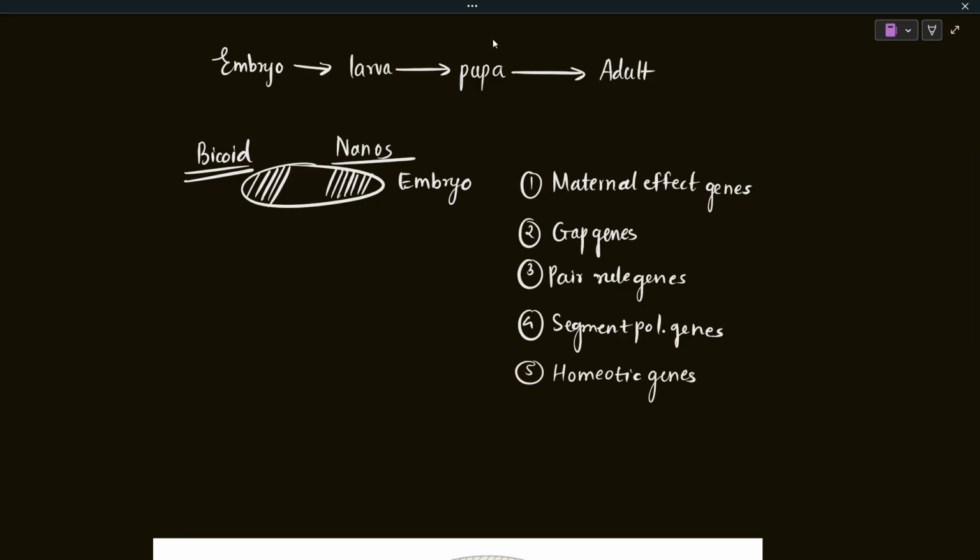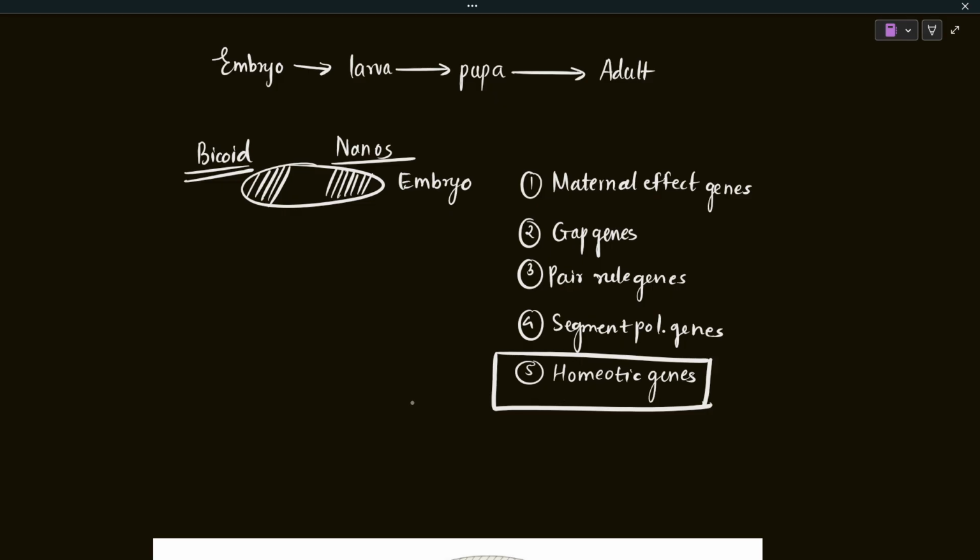The expression of those homeotic genes is epigenetically regulated by the Polycomb group of proteins and the Trithorax group of proteins. So what happens is that it is decided whether certain genes will be activated at a certain stage and certain genes will be repressed at a certain stage.